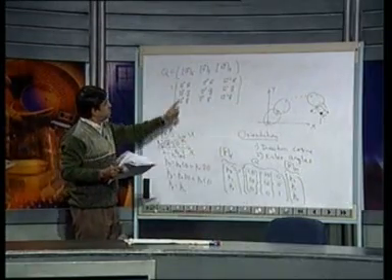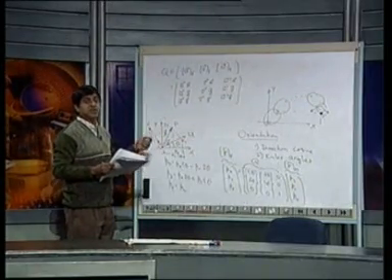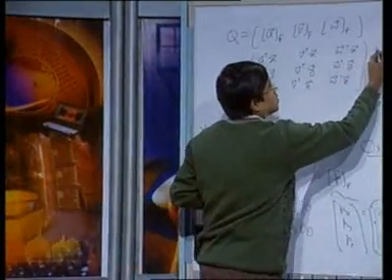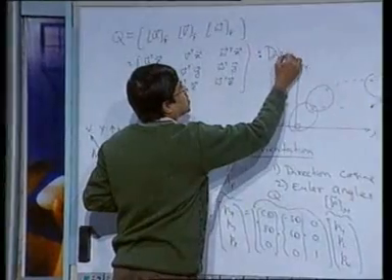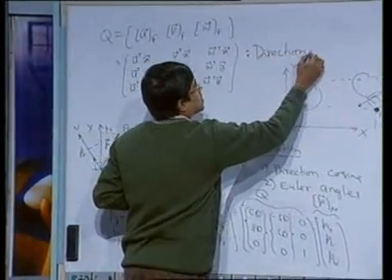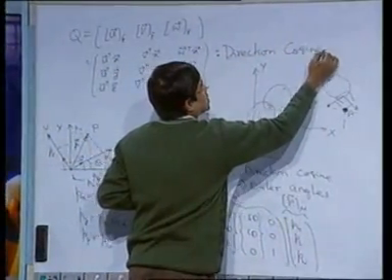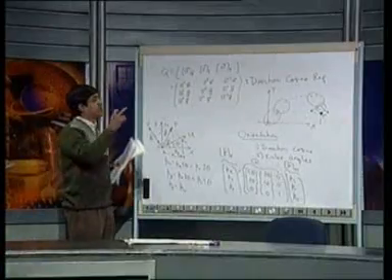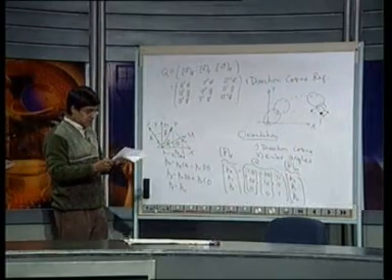Since these are called the direction cosines of u, the whole representation is called the direction cosine representation.